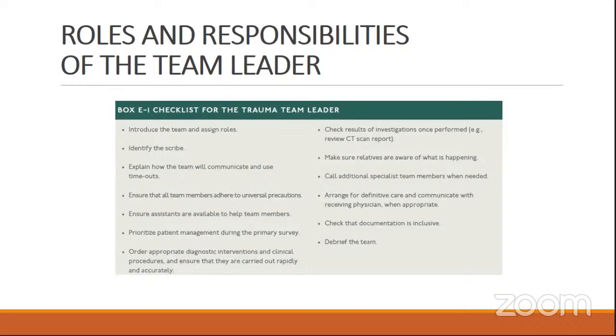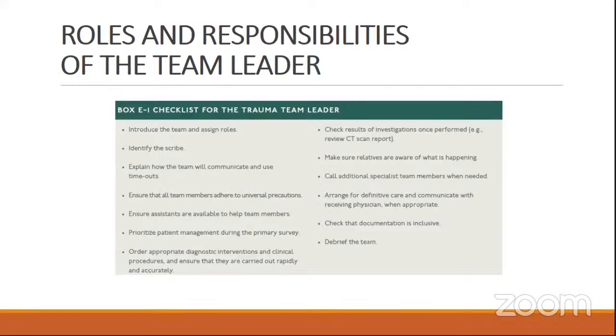Make sure relatives are aware of what is happening. Timely communication, and intermittently the bystanders or the relatives should be given the information on what is happening with the patient. Call additional specialist team members when needed, which I've already mentioned.